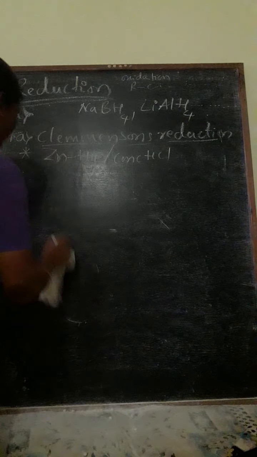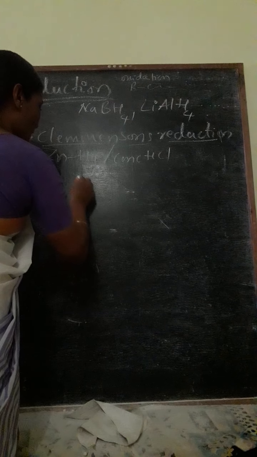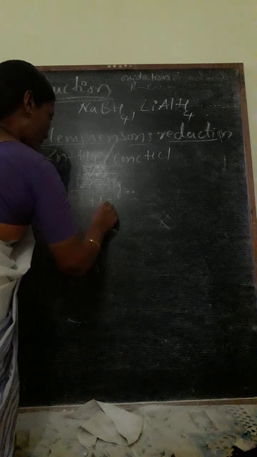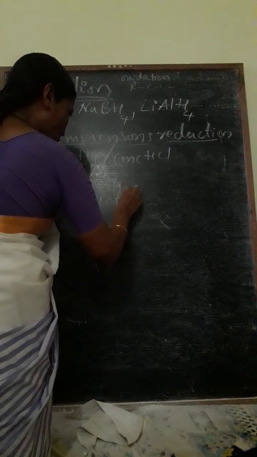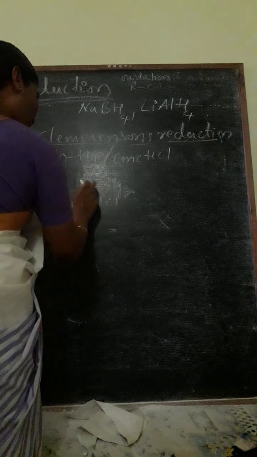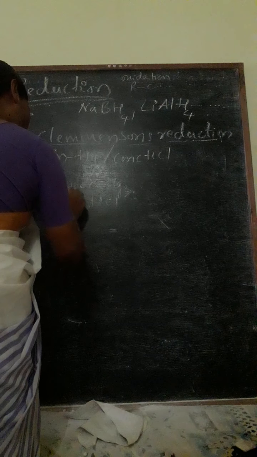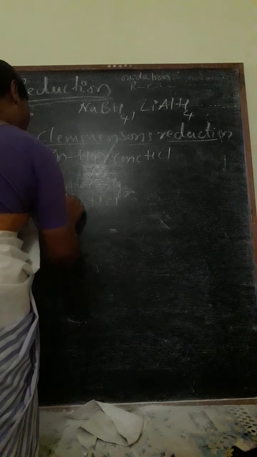Now, how is the reaction represented? This is an aldehyde or ketone, with zinc amalgam and concentrated HCl. What is the possible product formed? Definitely we can convert it in one step. This acts as a reducing agent, meaning it uses hydrogen. For balancing you have to take 4H, or simply 2H2.